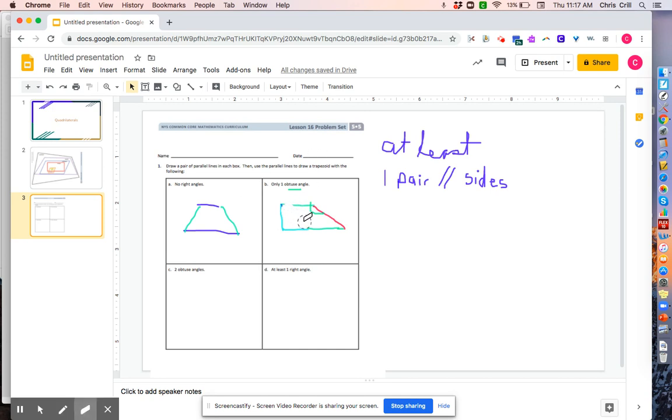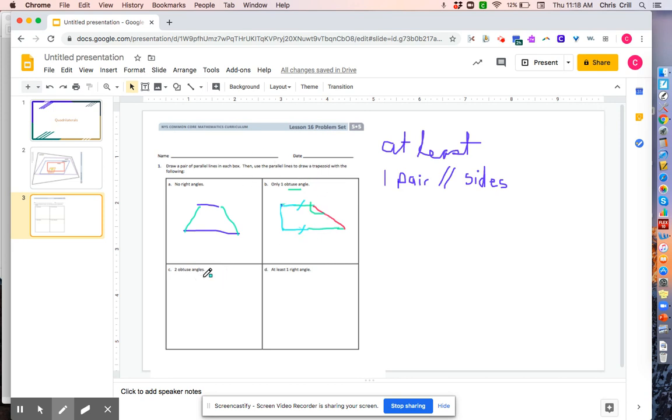Erase that blue line. Okay, so now I think I have it. I have one pair of parallel sides. There they are, this side's parallel to this side. I have one obtuse angle. This is a right angle, and an acute angle. So that fits this description.